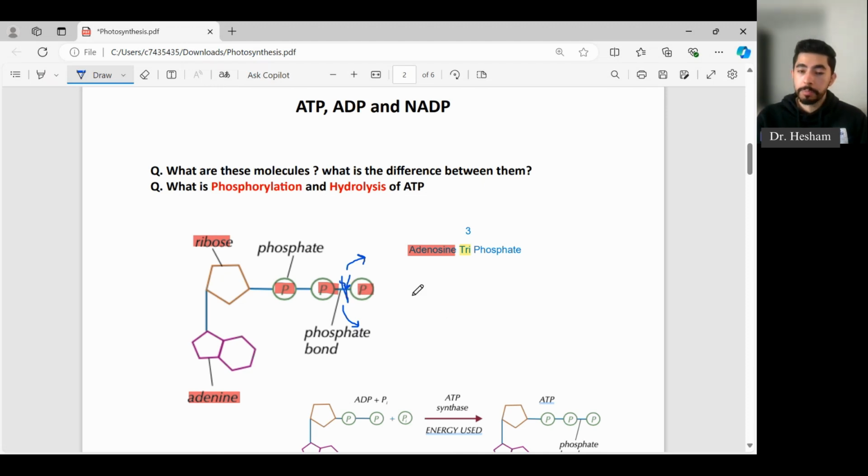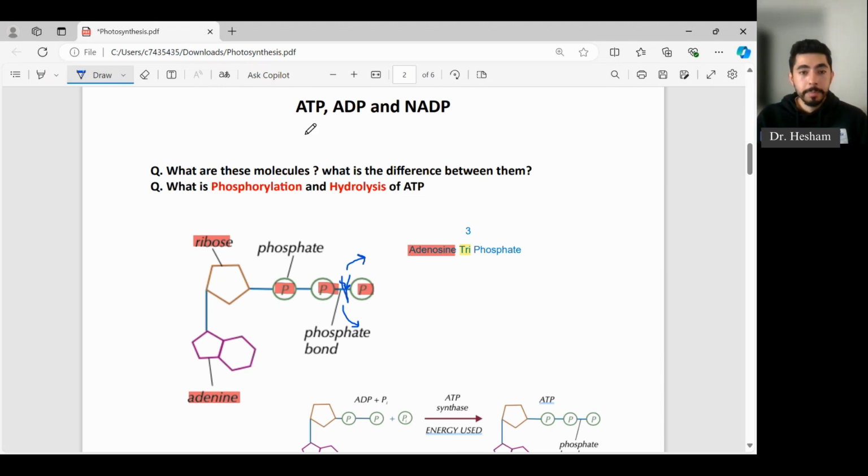When this molecule is in an area where energy is supposed to be made, for example, a chloroplast in photosynthesis, this is where energy is made from light. So you will form ATP from ADP.